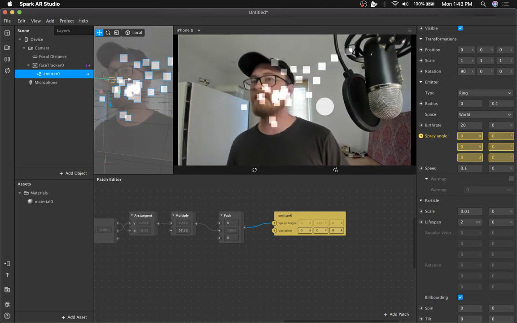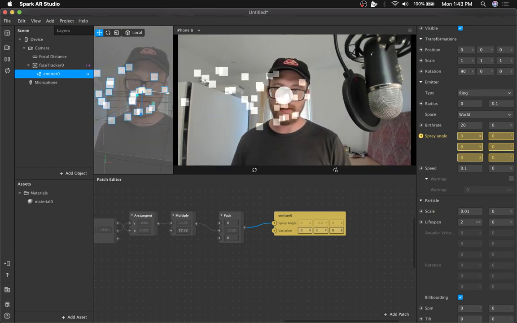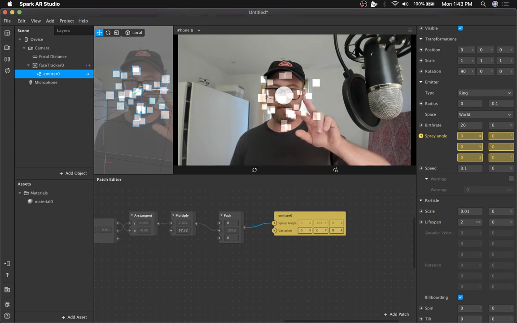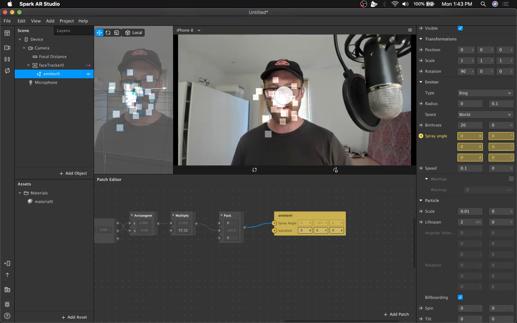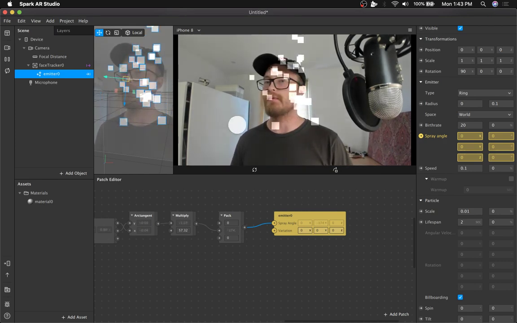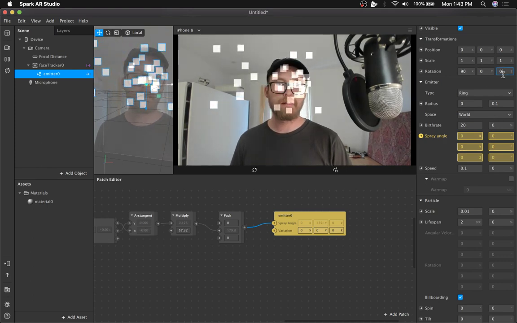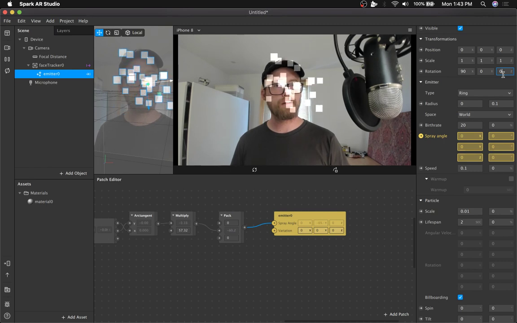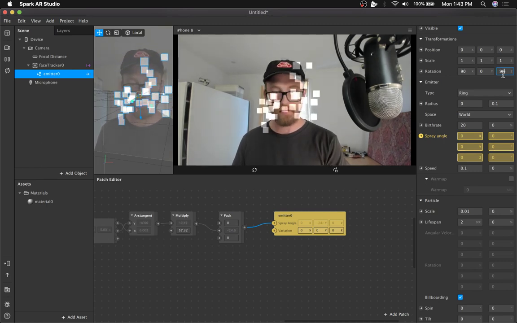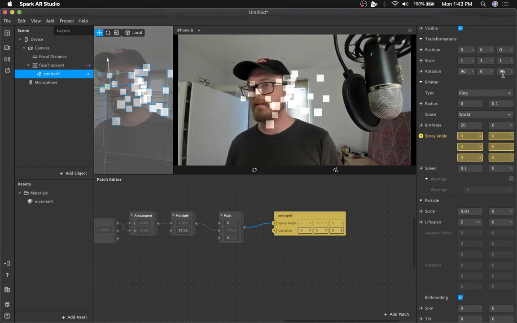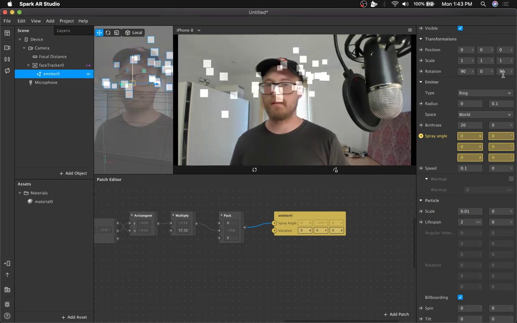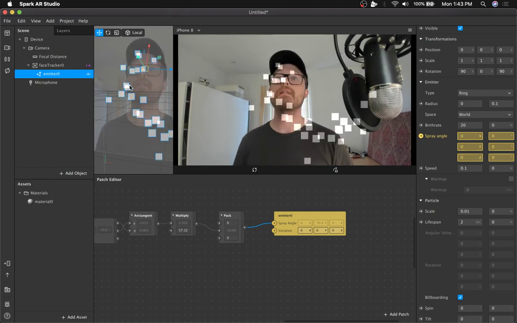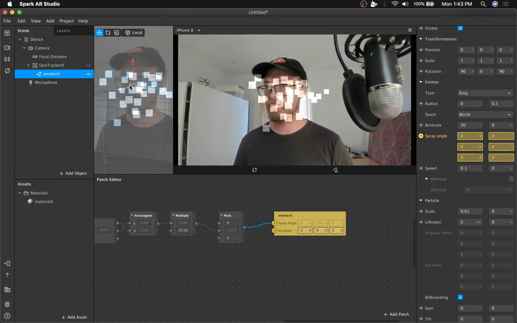Yeah, so it's doing something. You can see that the particles are moving in z space, and we want them to move on x and y. So we definitely have to rotate. So I think if we rotate the z-axis, it's a little hard to tell.